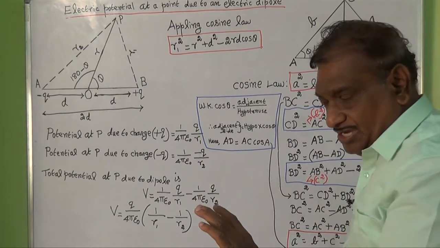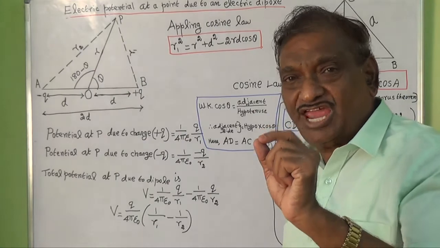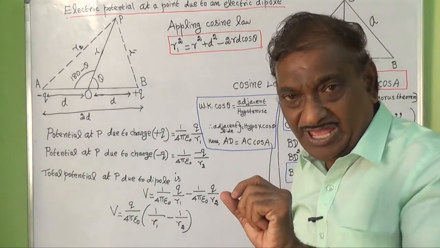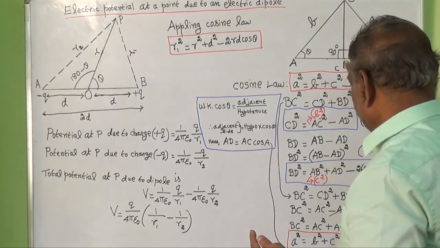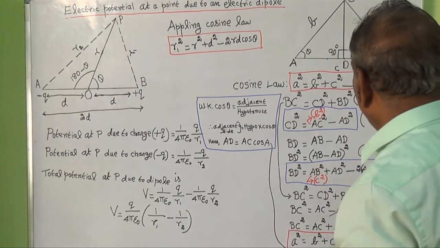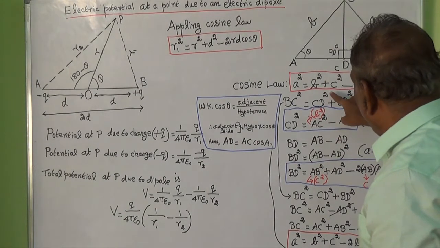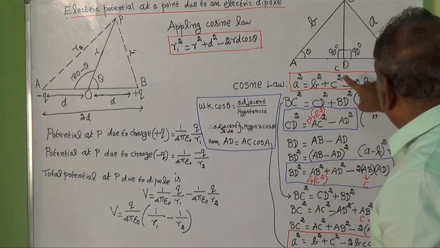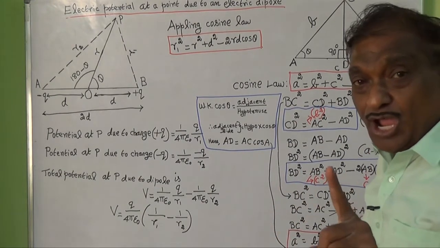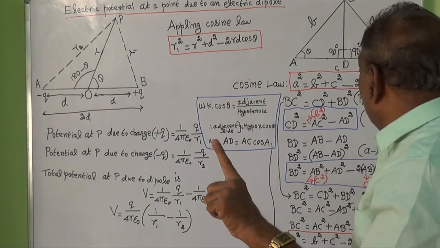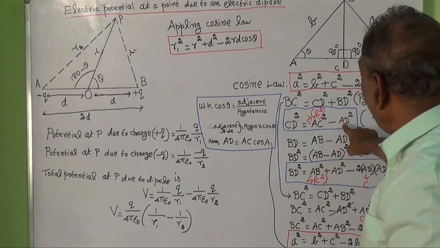That is, we are going to express the side small a relating the sides B and C. Then we can write CD square as AC square minus AD square.